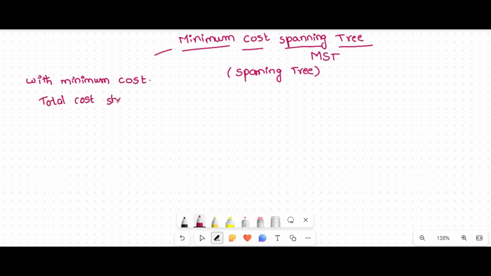What does it mean? You know the properties of a spanning tree. If you have not seen that spanning tree video, please watch that video and then see this minimum cost spanning tree.